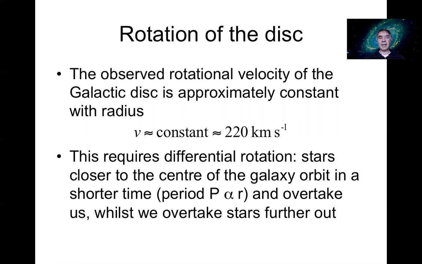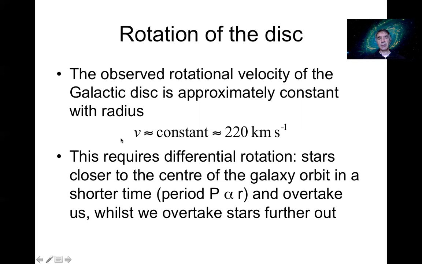means that the galaxy must be rotating differentially. We've met differential rotation earlier in the module when we were talking about the differential rotation of the sun. Here we're now talking about differential rotation of the galaxy. This means that stars closer to the center of the galaxy orbit in a shorter time than the ones further out.